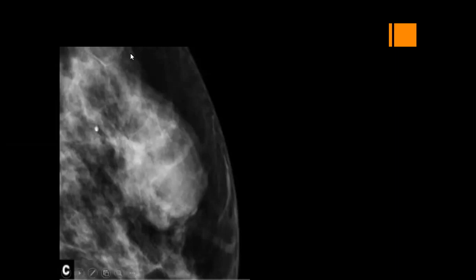There is a bulge. You see, this is a contour here, and this is a mass, smooth, circumscribed, bulging from the contour. It is a mass, but is it circumscribed, partially obscured, or is it a fat containing mass?